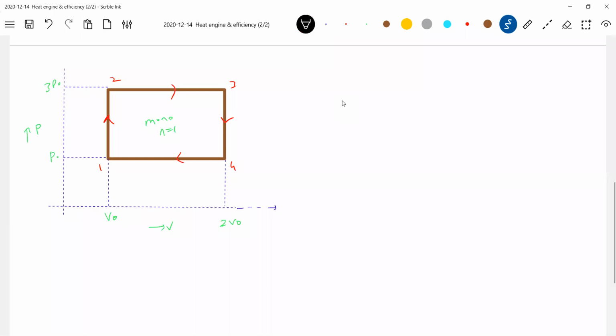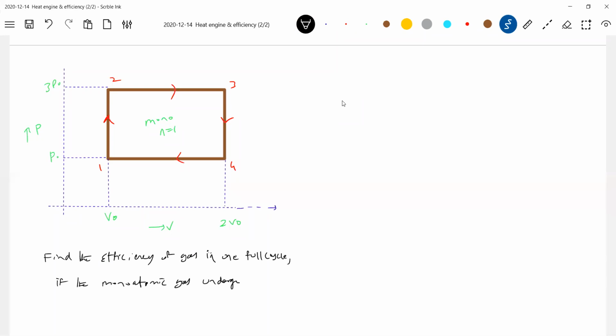So what do we have to calculate? Find the efficiency if the monoatomic gas undergoes a cyclic process 1, 2, 3, 4, 1 in the PV diagram.